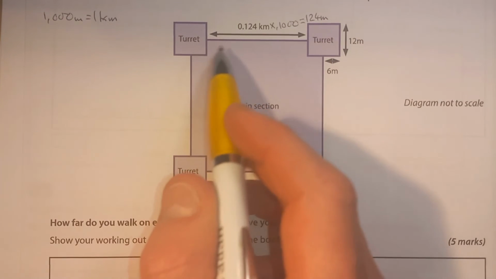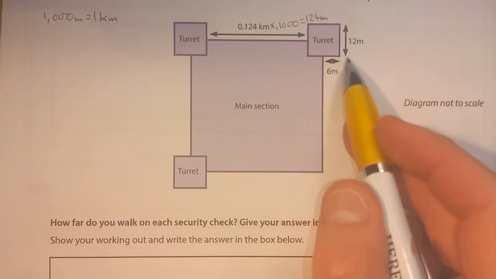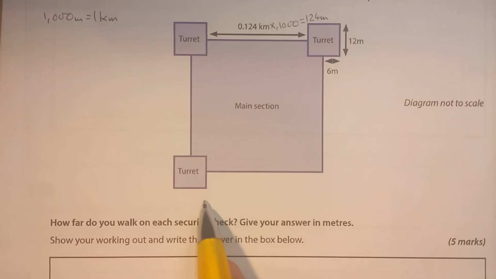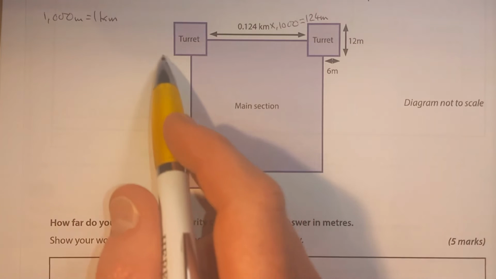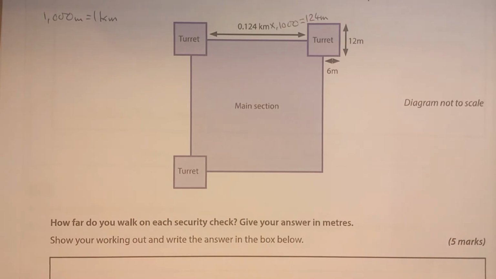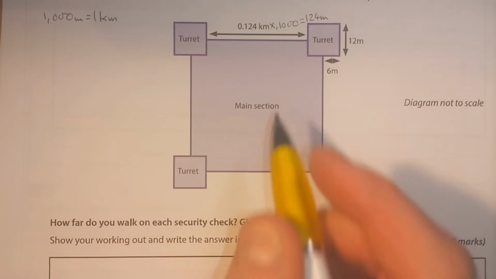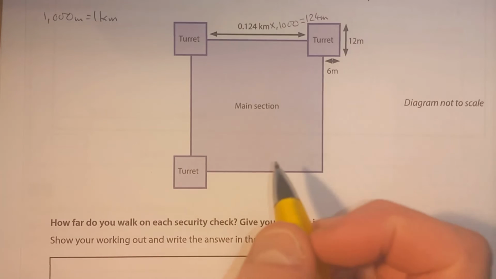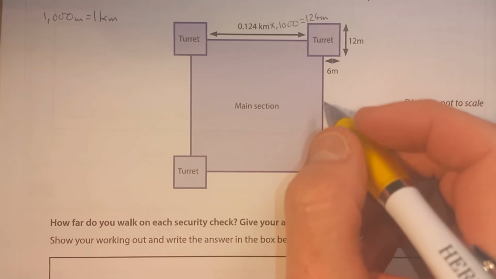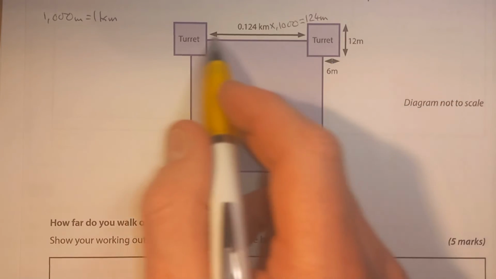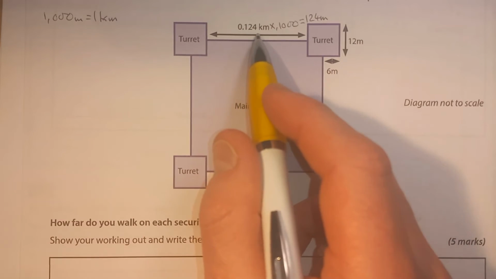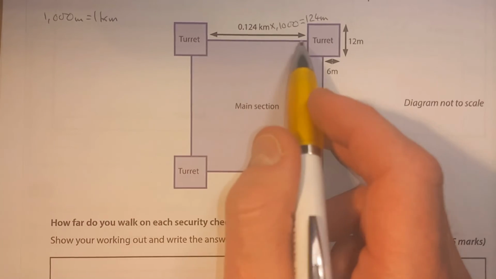So we're going to be walking all the way around the castle. Basically what we need to do is to work out what the perimeter of the castle is. Well, they've given us some of the measurements. They've told us that this is 0.124 kilometres or 124 metres.